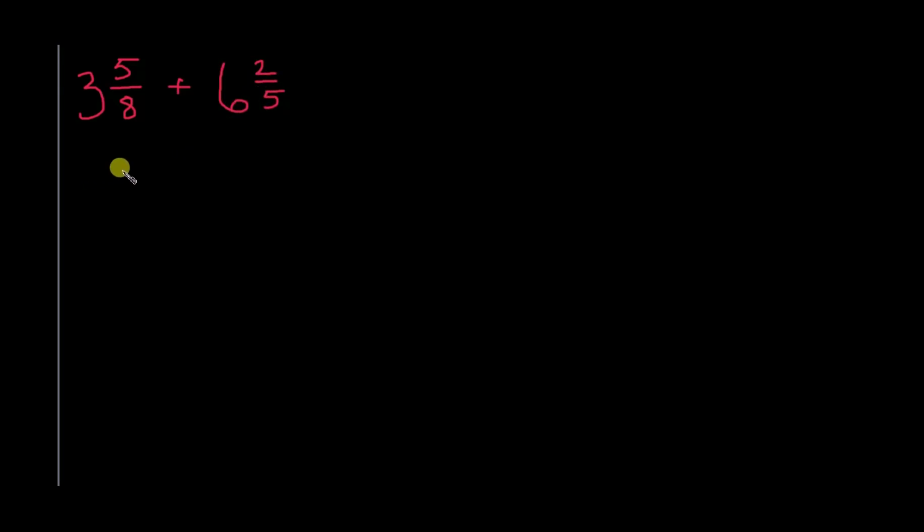Okay, so what I like to do here is explain that this is a mixed number. You have a whole number with a piece of a fraction, so you don't quite have all wholes. You have a whole and some fraction, and we're going to add it to a whole and some fraction.